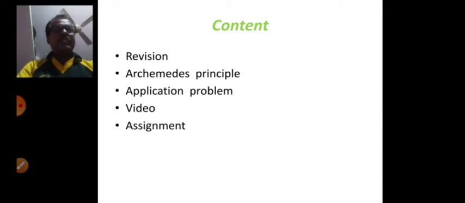We already defined mass and weight. What do you mean by mass and weight? The amount of matter that a substance contains is known as mass, and weight is the force with which the earth pulls a substance towards its center. Density and relative density we also studied in the last class.